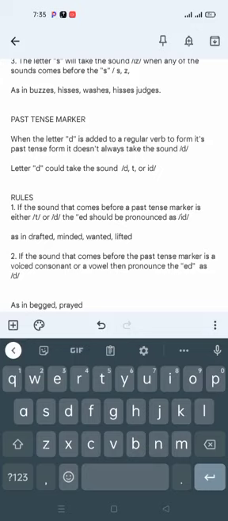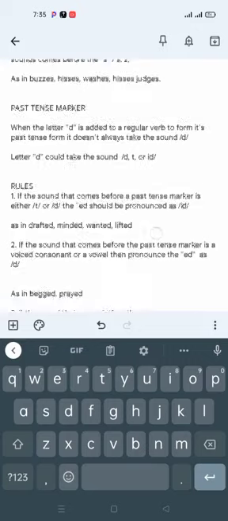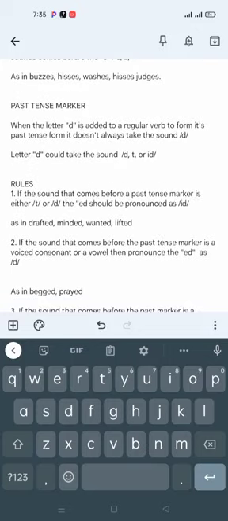So let's say you have a word ending with ted or a word ending in ded, then the ed at the end should take the sound /ɪd/. Example: drafted and not drafted, minded and not minded, wanted and not wanted, lifted and not lifted.